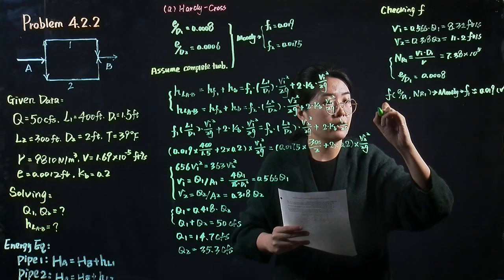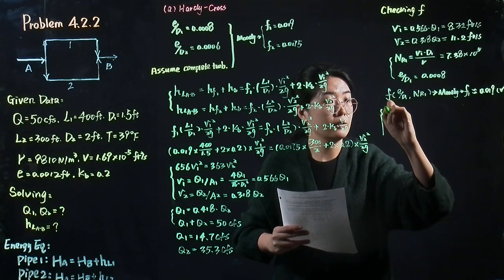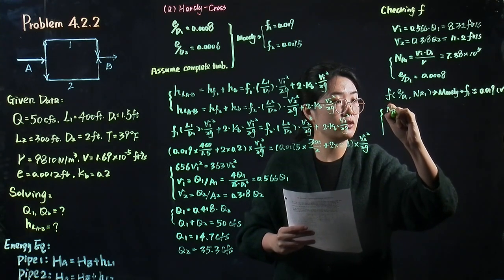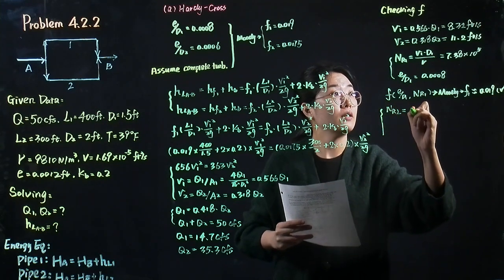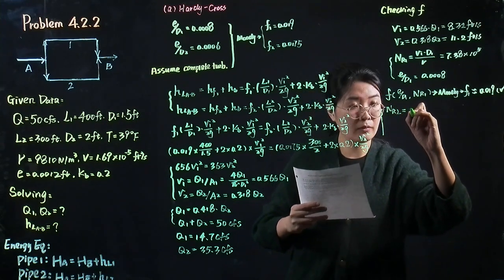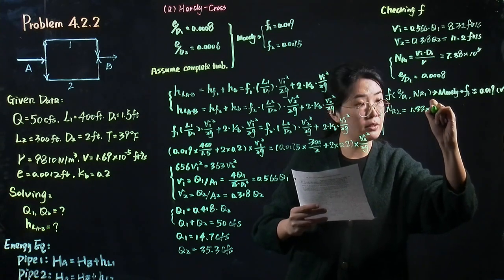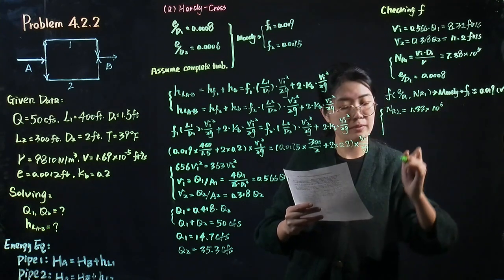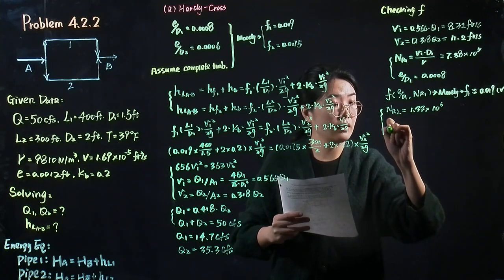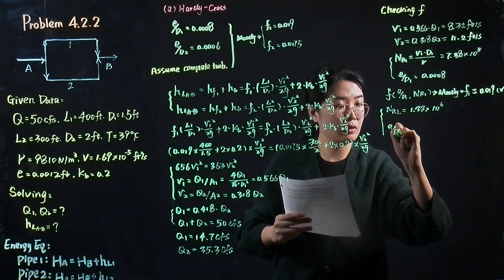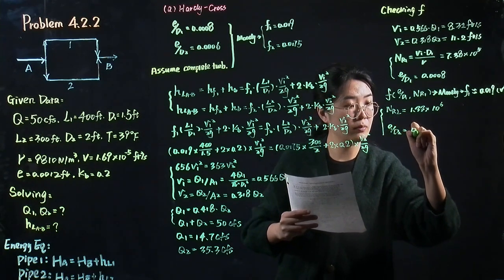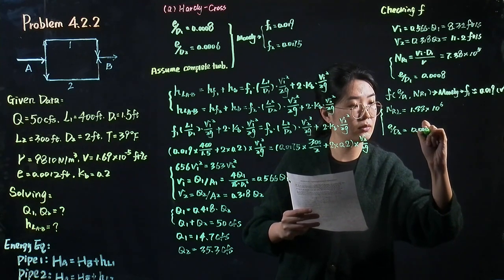And if we calculate the Reynolds number in pipeline 2, it equals 1.33 times 10 to the power of 6. And the relative roughness equals 0.0006.